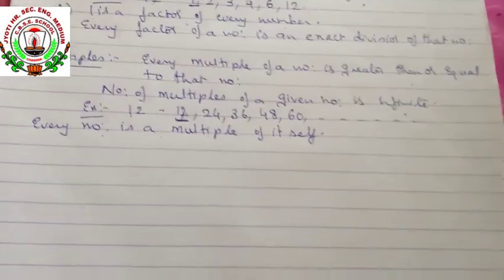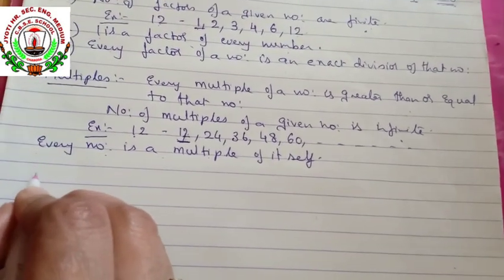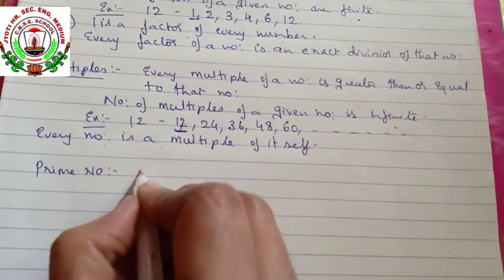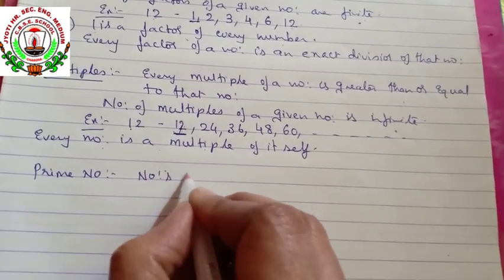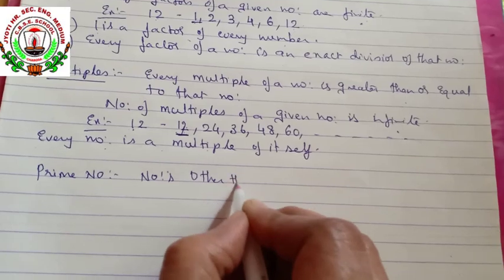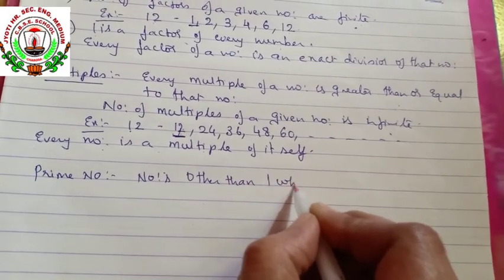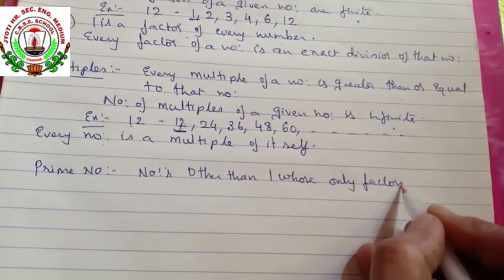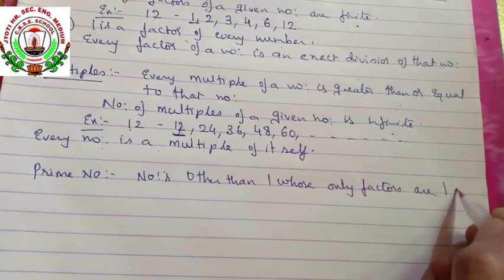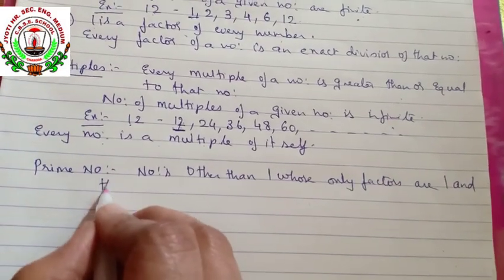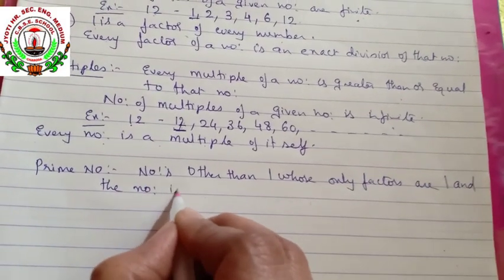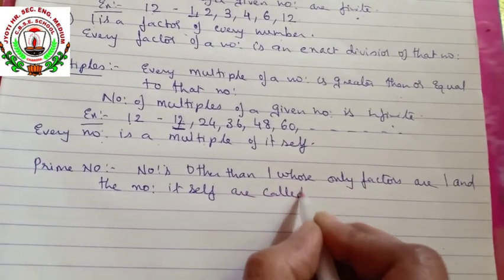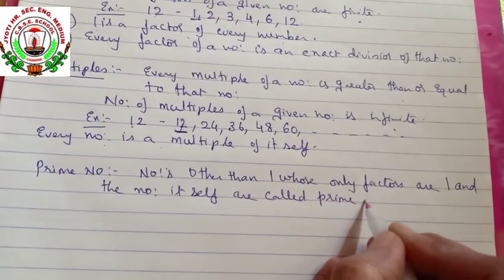Next one is prime numbers. Numbers other than 1 whose only factors are 1 and the number itself are called prime numbers.